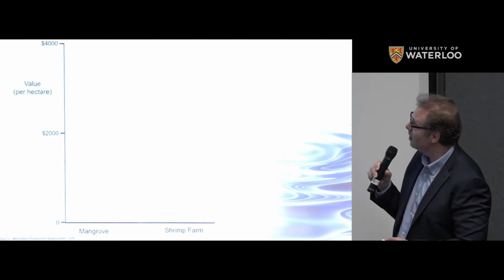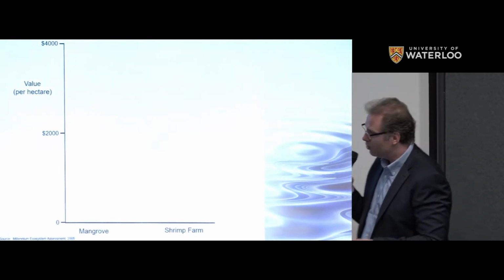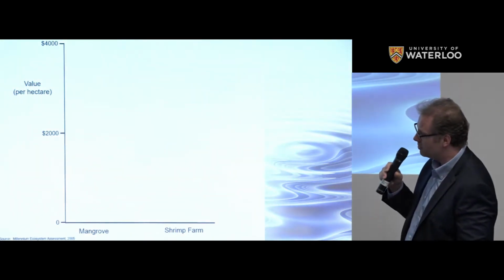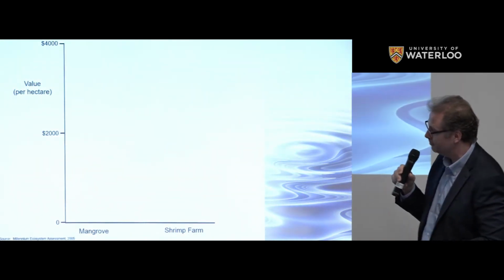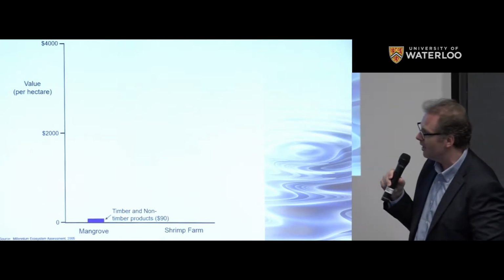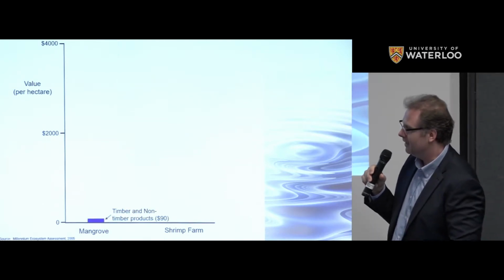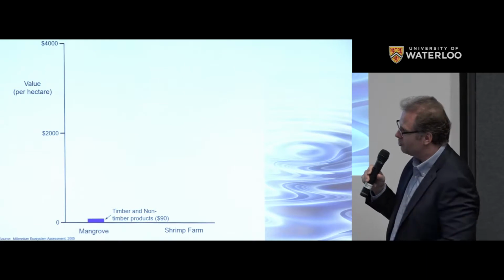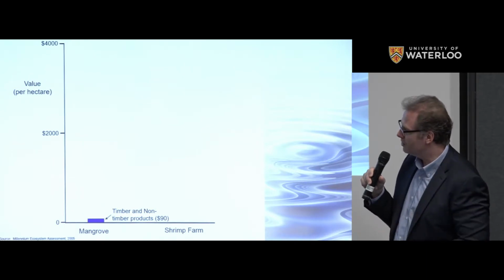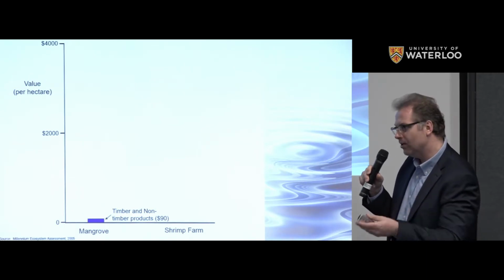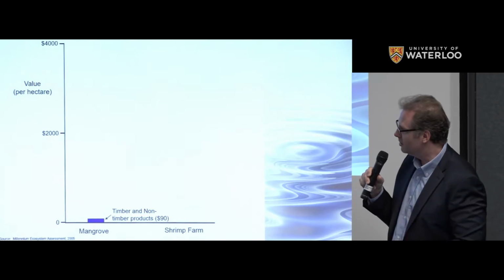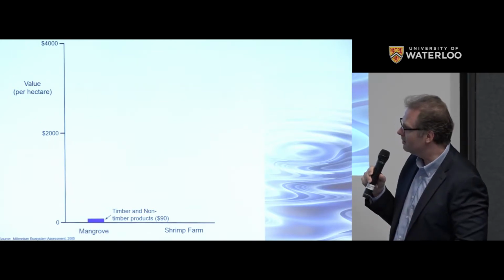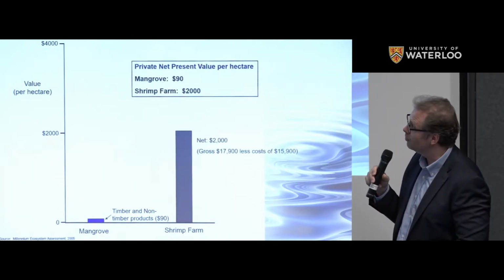And then if you do an economic analysis where you compare the conservation of mangroves with shrimp farming, and you look at what the values are that you get out of the mangroves and that you can sell on a market, so just the private goods and services that you can trade on a market, like timber and non-timber products, the value is around $90 per hectare.